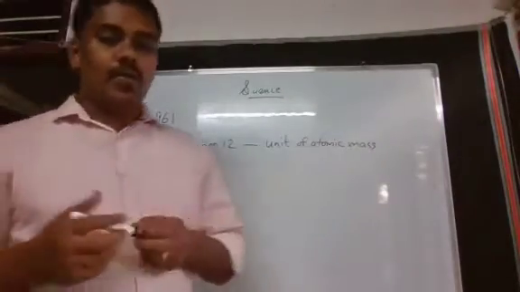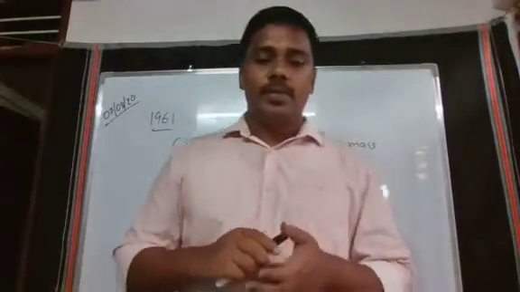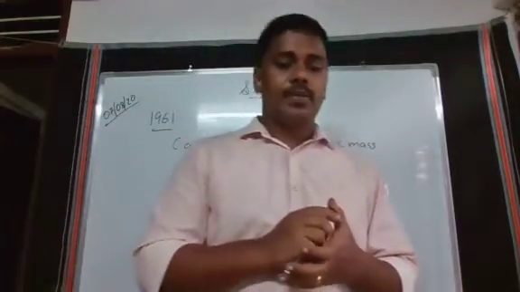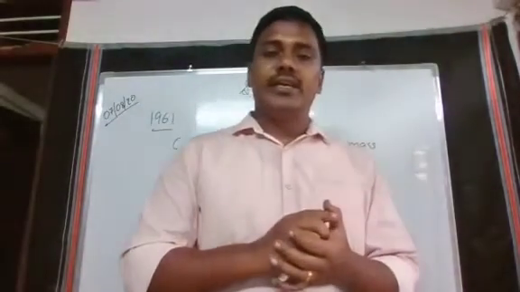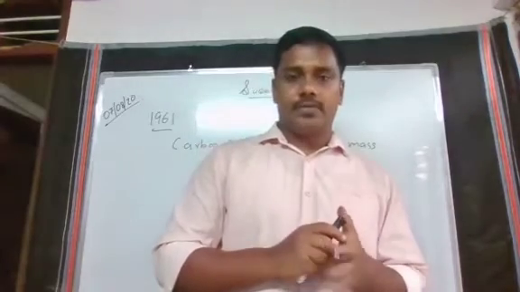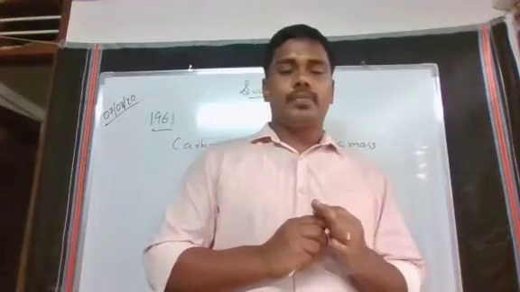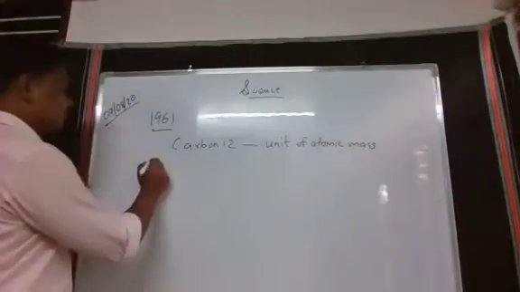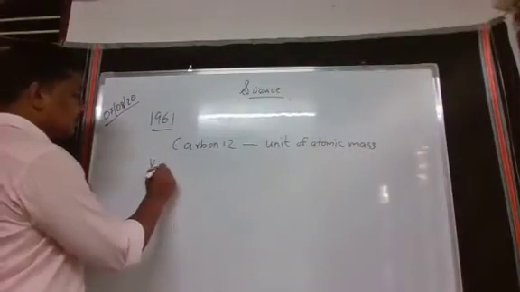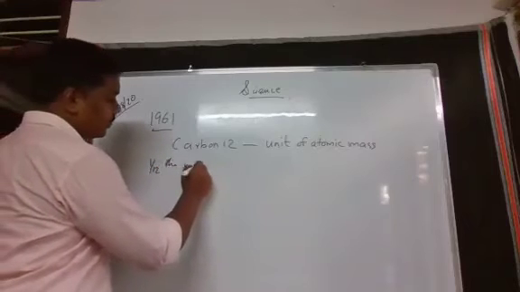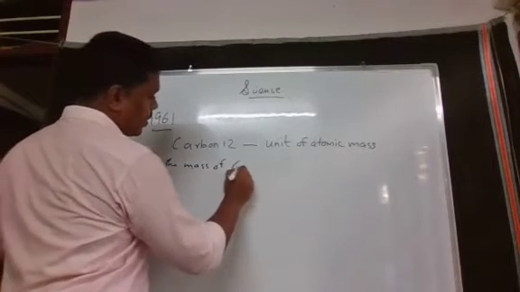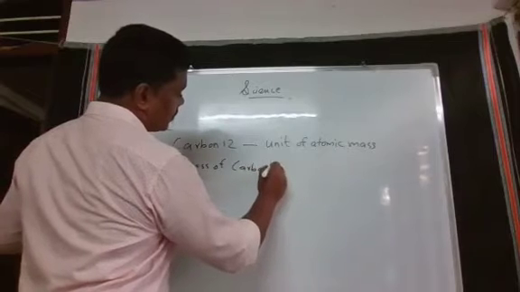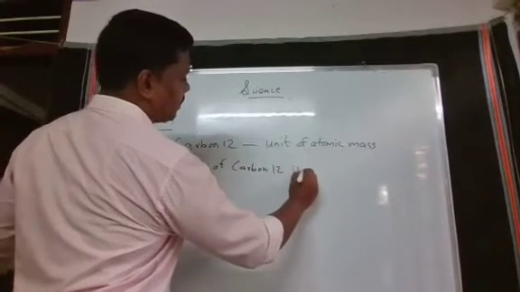Once again, one atomic mass unit is a mass unit equal to exactly 1/12th of the mass of the atom of carbon 12. Okay.